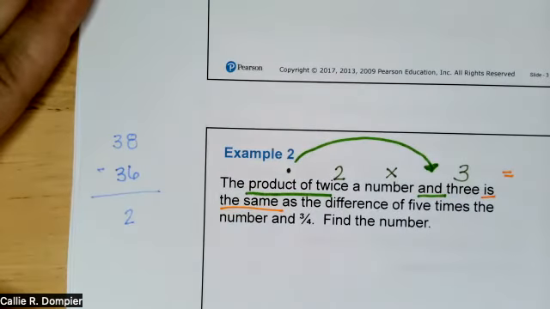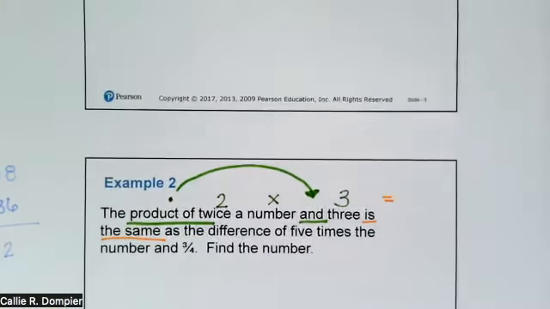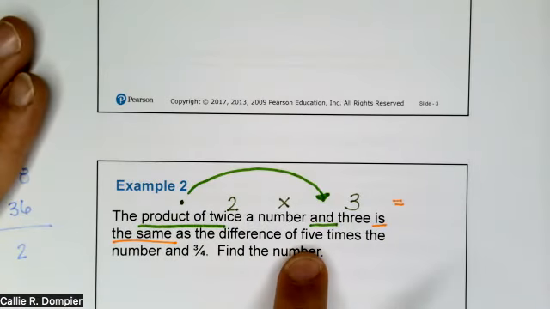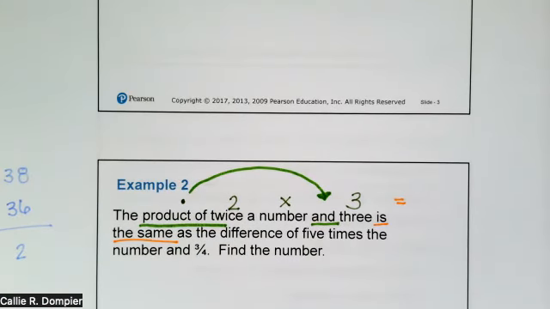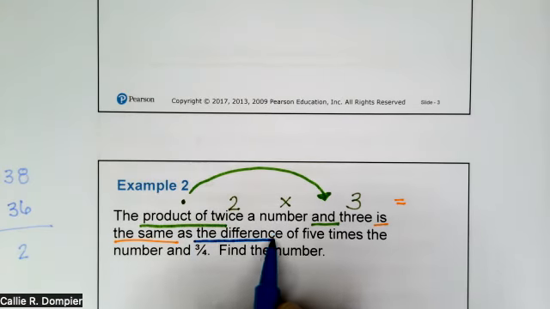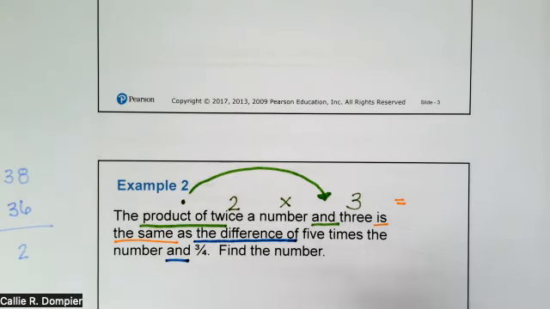I should add them or I should subtract them, where there's a difference of 2 years. Good. The difference of 5 times the number and 3/4. Good. The difference of and.